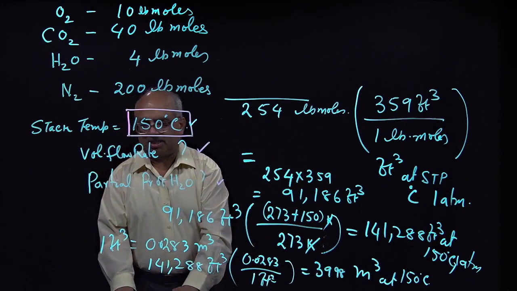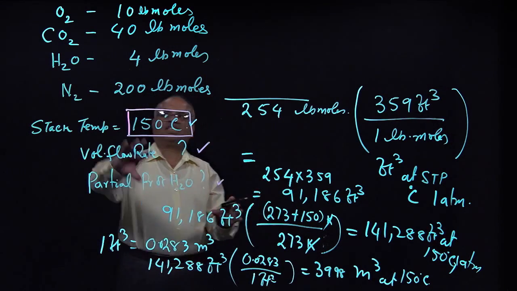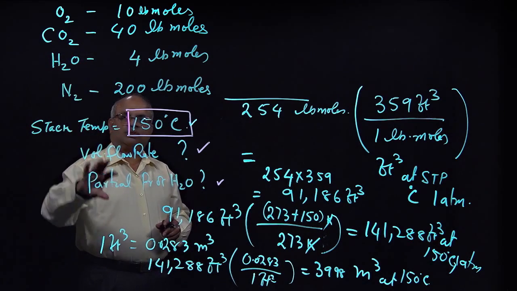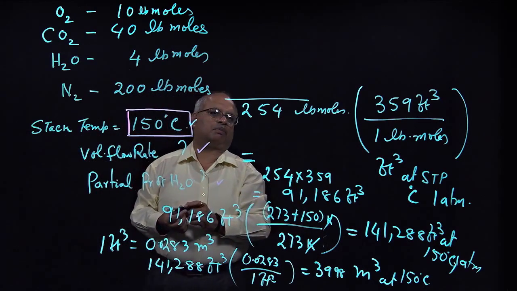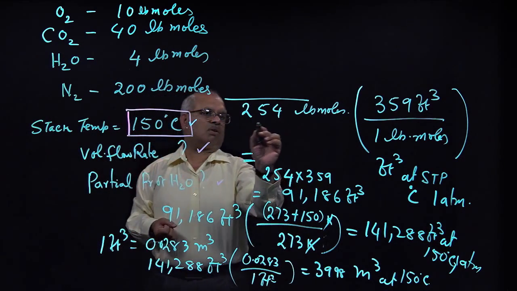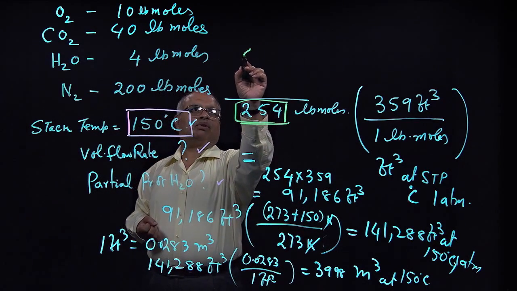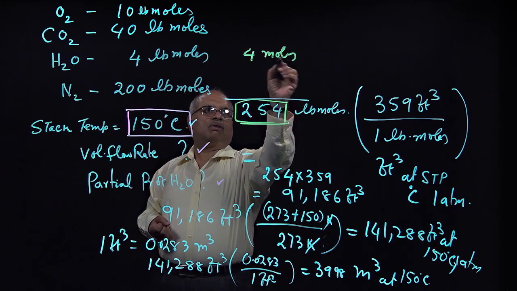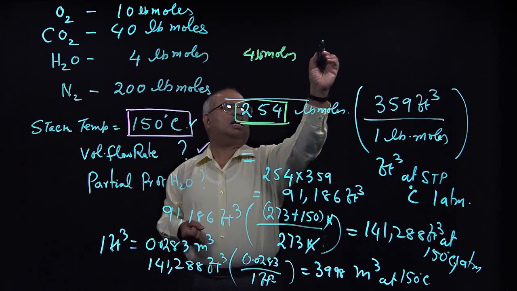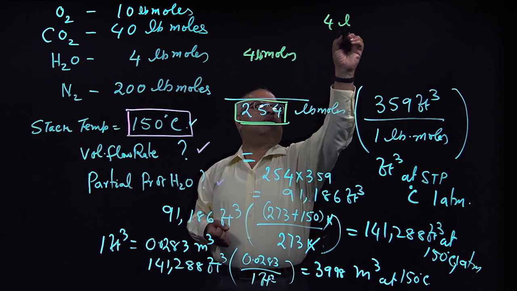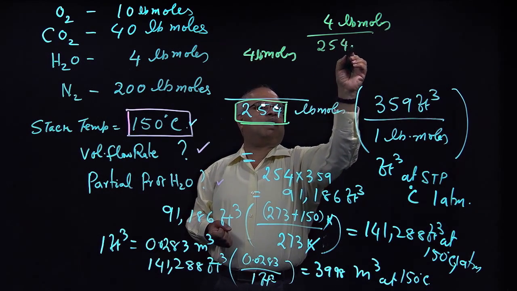Let's look at the second part, the partial pressure of water vapor. Partial pressure is the pressure exerted by water molecules in the total pressure exerted by all these gases. All these gases together are 254 pound moles, of which 4 pound moles is the share of water vapor. So the mole fraction is 4 pound moles divided by 254 pound moles.